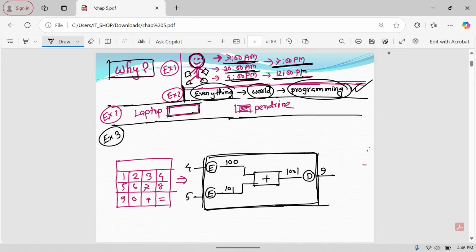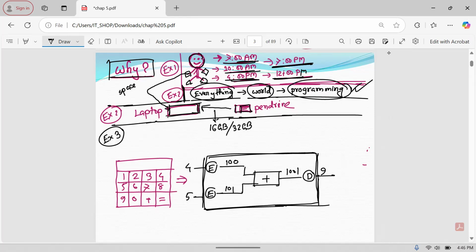We can also take another example. You have a laptop and a pen drive, and we want to attach this pen drive to the laptop. The laptop will show how much free space there is in it, 16 GB or 32 GB. Now, if I consider your hand or your finger and attach this finger to the laptop, will the laptop be able to tell me how much free space is in your body?